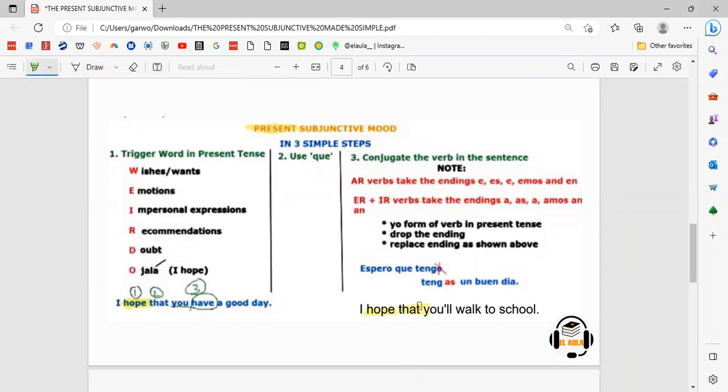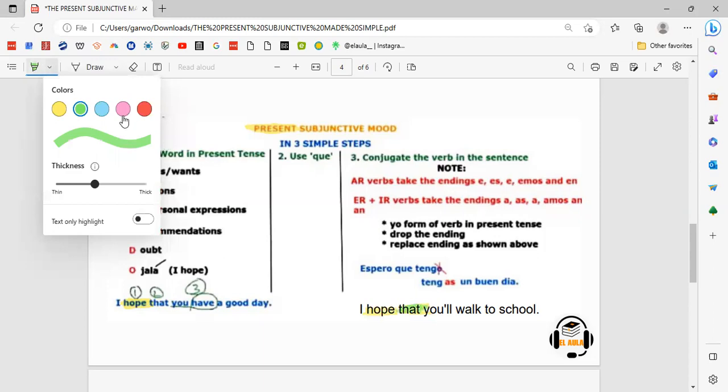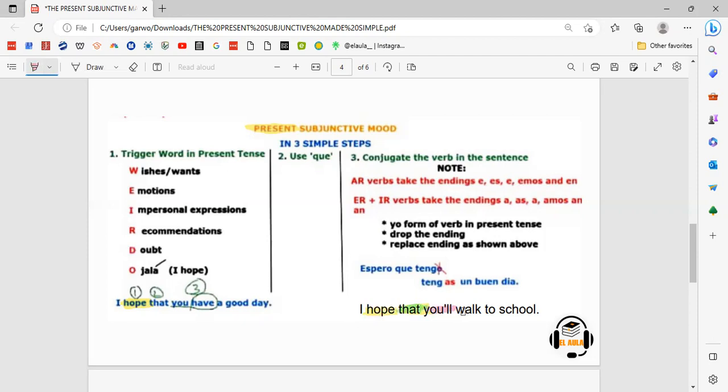So we have our trigger word that falls under WEIRDO. We know we're going to use que. And then right here, we see a change in subject. So you have the first part of the sentence. It's me hoping that, which is que, you will walk to school, right?